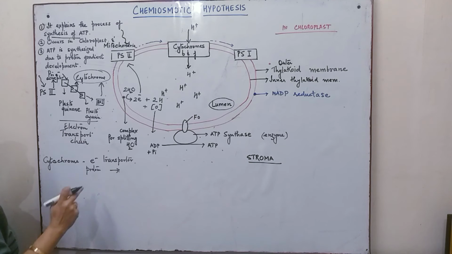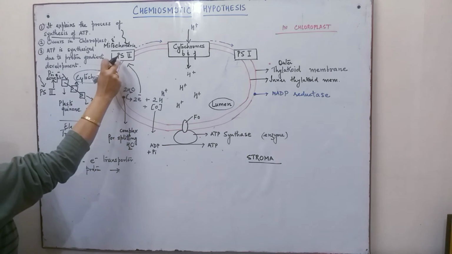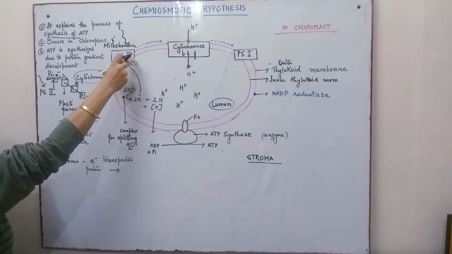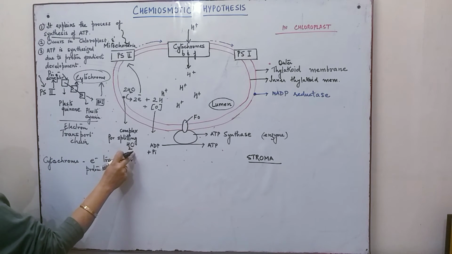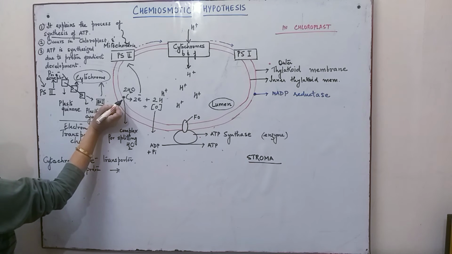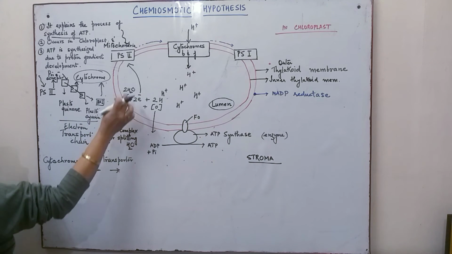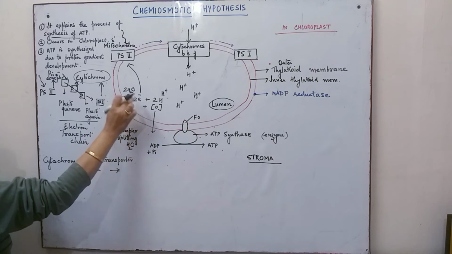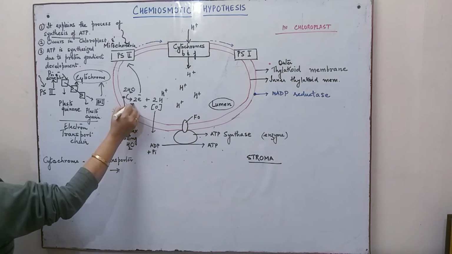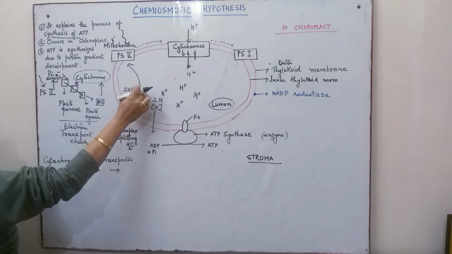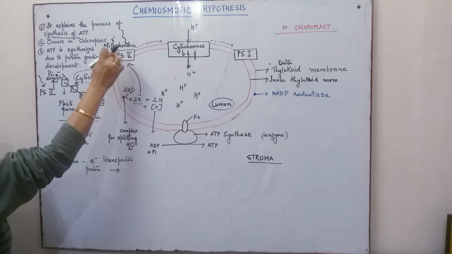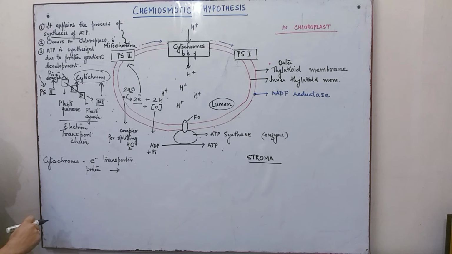The second source is that, since PS2 continuously loses electrons, the complex for splitting the water molecule, which is present on the inner side of the thylakoid membrane, will split the water molecule, and this results in the formation of a pair of electrons which goes to PS2 and enters the electron transport chain.